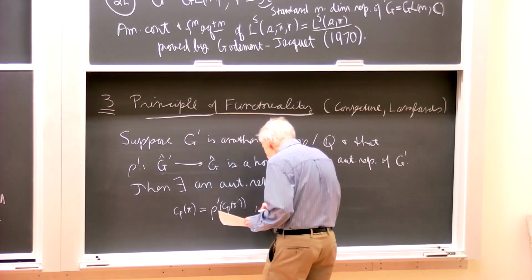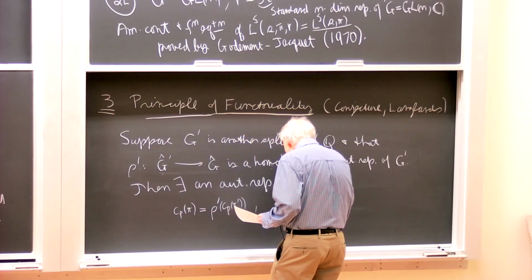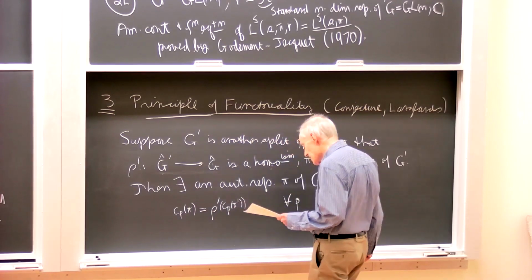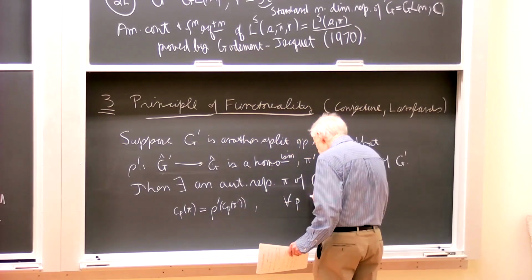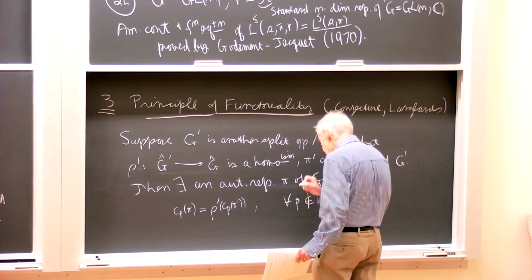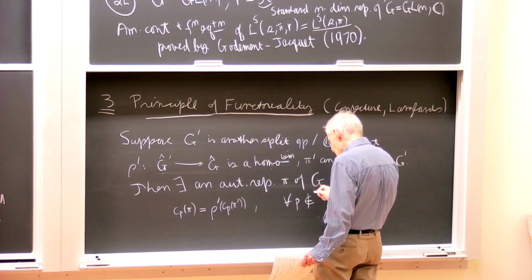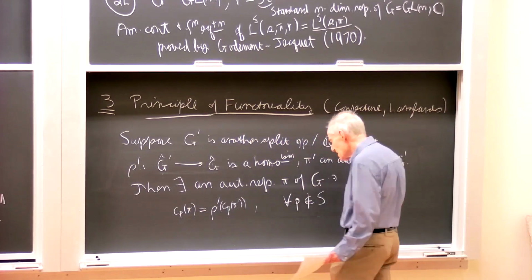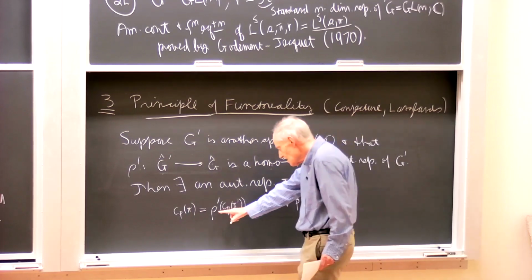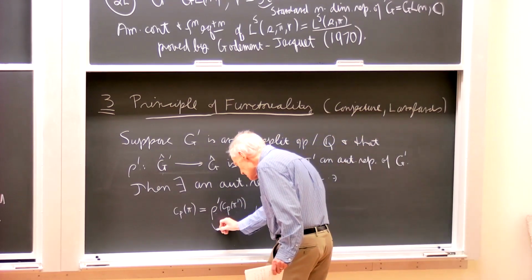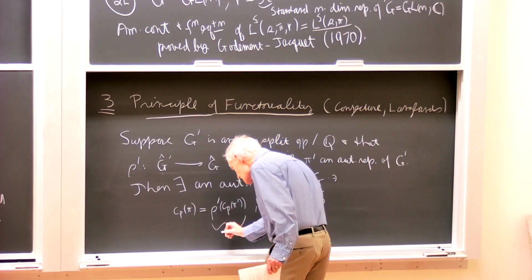And this would be for every p just outside a finite set. We aren't caring about how big that finite set is. It would have to match both the finite set attached to pi prime for G prime and pi for G, but for every p outside a finite set, this is understood to be the conjugacy class.